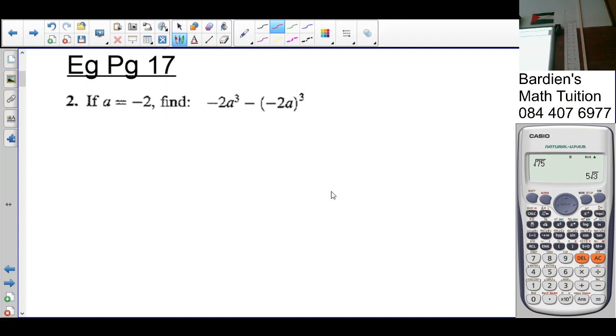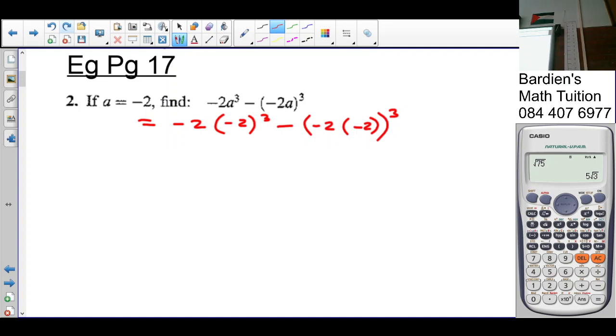So wherever we see an a, we put a negative 2. So there is an a, and there. So that would simply be, open brackets, negative 2 cubed, minus, open brackets, negative 2, open another bracket, negative 2, close that bracket, cubed.